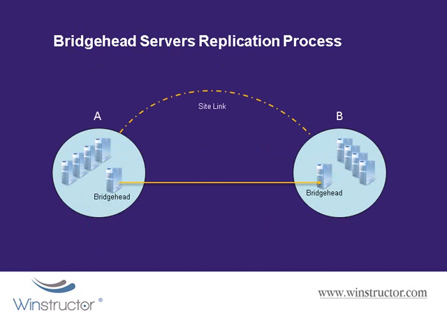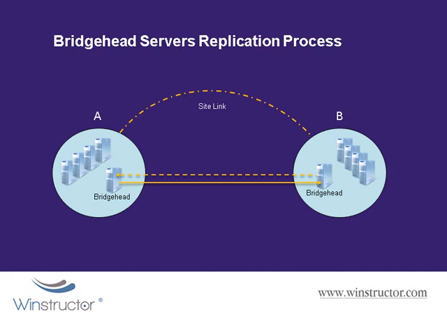Now, bridgehead servers replicate data in the following way. The bridgehead server in site A polls the bridgehead server in site B to find out if site B has any updates. And it'll poll the server in site B according to the replication frequency that's set in the Active Directory Sites and Services MMC.